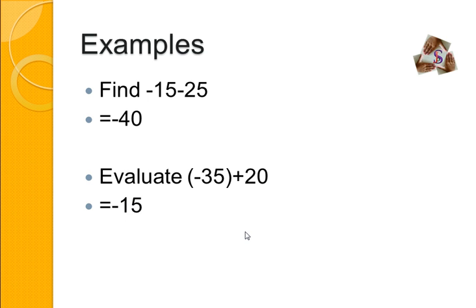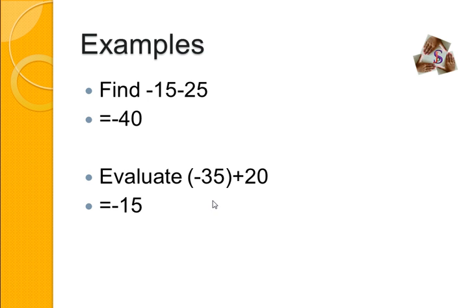The sign of the larger coefficient will be put in. So between 35 and 20, the larger coefficient is 35. Therefore, the sign of 35 will be taken for the final consideration. So sign of 35 is minus. Therefore, minus 35 plus 20 is minus 15.